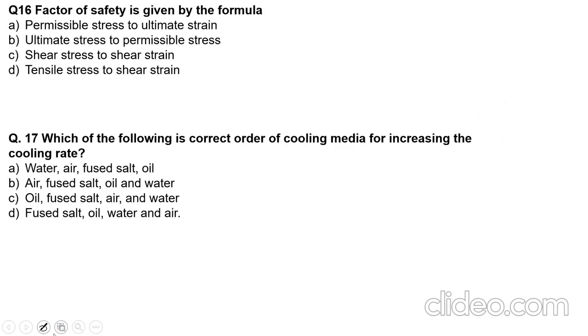So the next question is about factor of safety. It says that factor of safety is given by the formula: ultimate stress to permissible stress, shear stress to shear strain, tensile stress to shear strain. Normally when you are talking about a material, you understand that it has a certain ultimate tensile strength, so you know it is the maximum stress that it can endure.